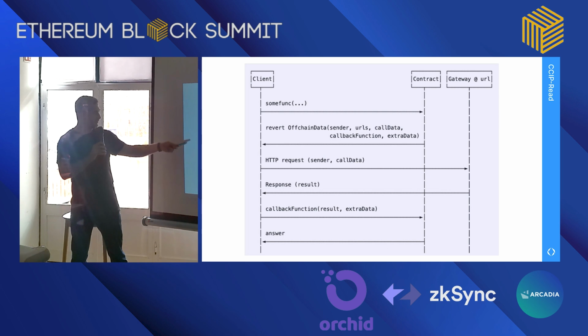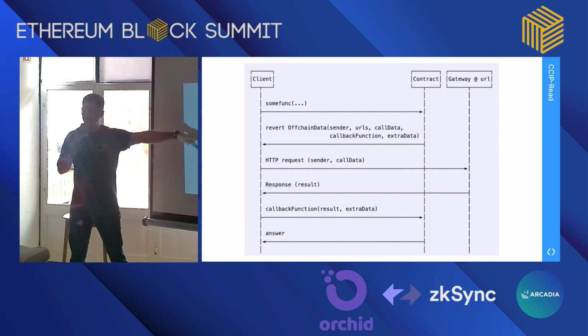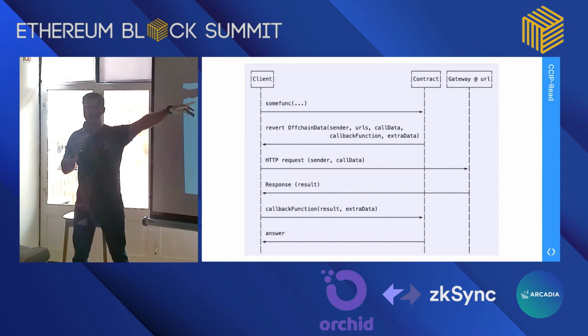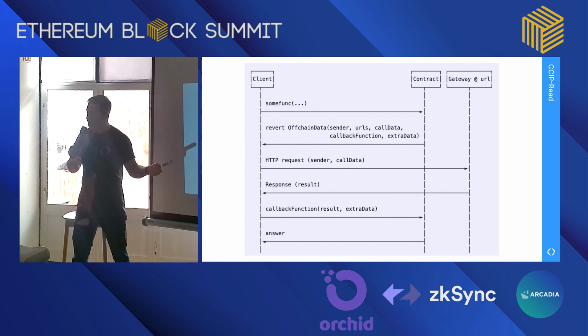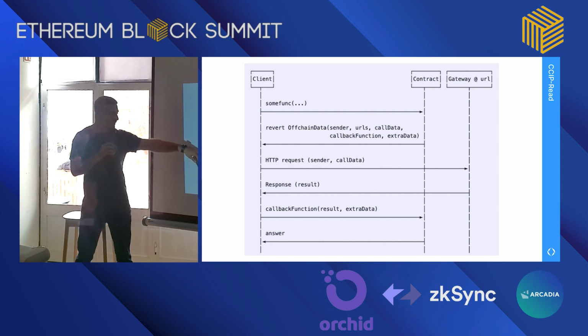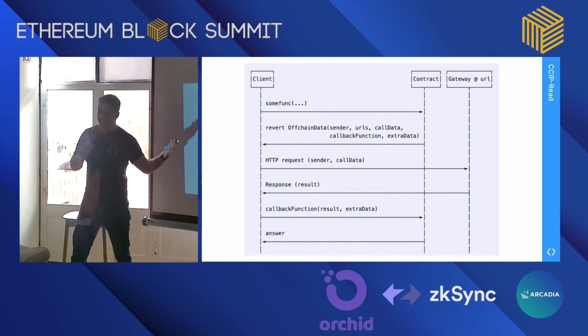And then the client gets this error and does an HTTP request to the gateway with all this information. The gateway retrieves the data from wherever it needs to retrieve it. It can be off-chain or it can be from L2. And we get the response, but the response is opaque, so we don't understand what is inside it. There is some result, there is some proof, but it needs to be verified that it's the real result.